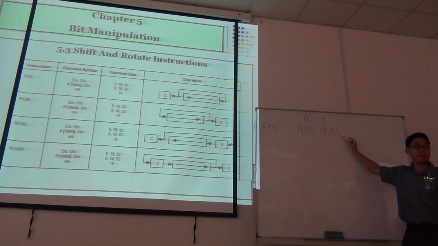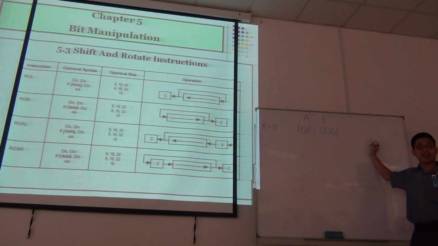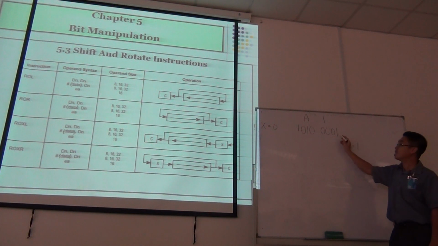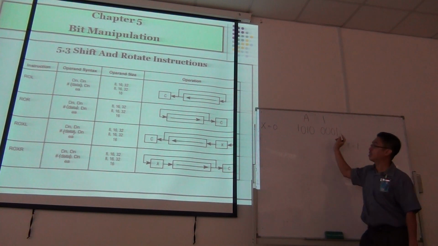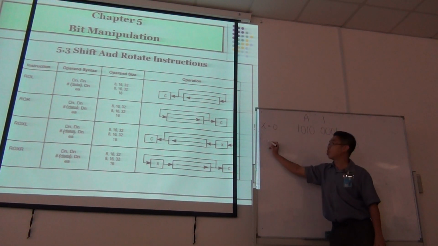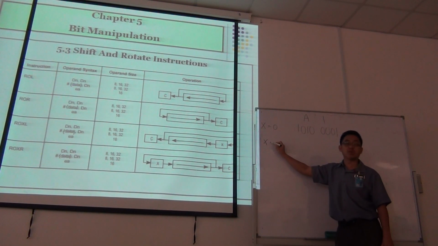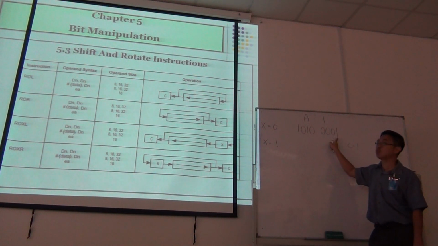So this one will be copied over to C, correct? So C is equivalent to 1. And this one will be rotated to X. So now is your X equivalent to 1 or 0? 1, it's taking this one.